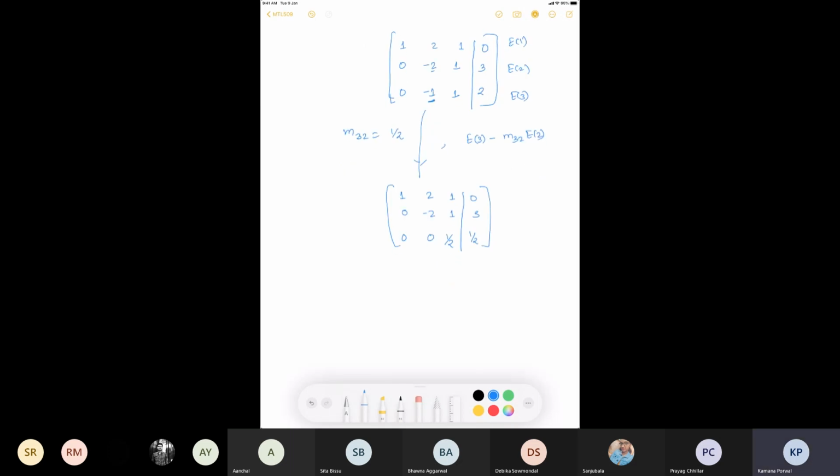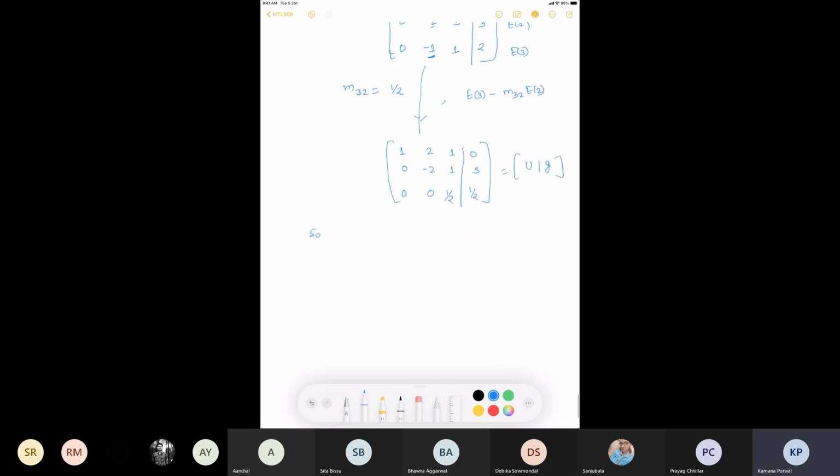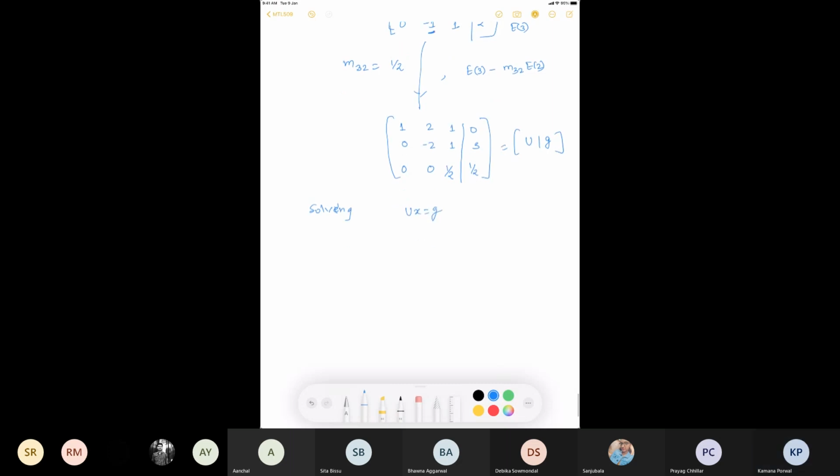Note that the coefficient matrix has become upper triangular here. If we denote this as U and G, we can basically solve Ux = G. So what will we get? See the last equation: 1/2 x3 equals 1/2, so this will imply that x3 is 1.